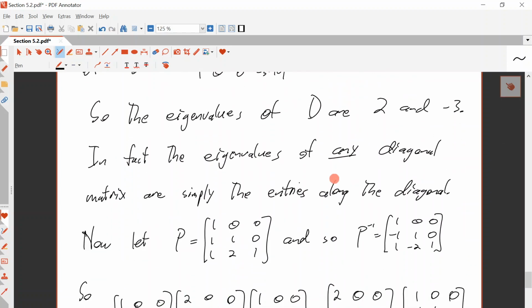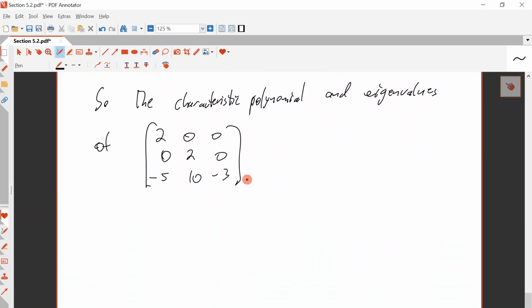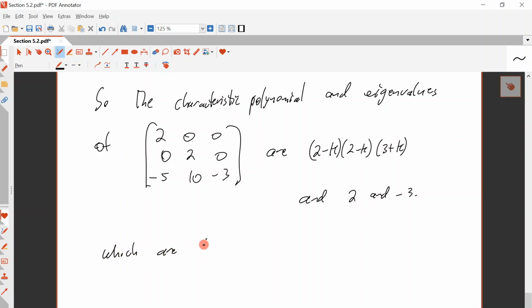It is 2 minus k, 2 minus k, 3 plus k, and eigenvalues 2 and minus 3. So the characteristic polynomial and eigenvalues of this matrix are the same as that for D. So this is PDP inverse, which is this, they're the same as that for D.